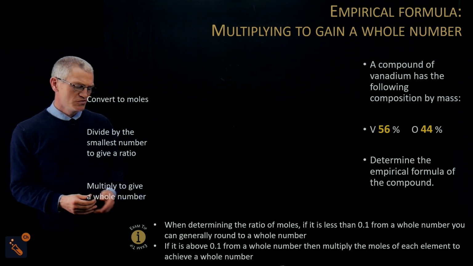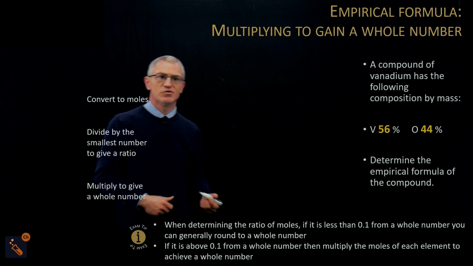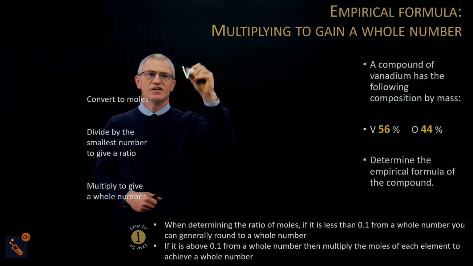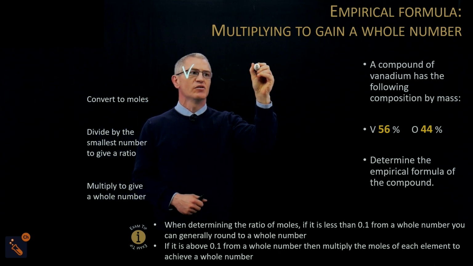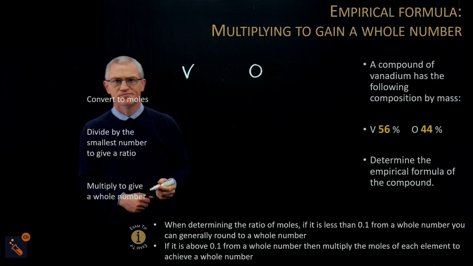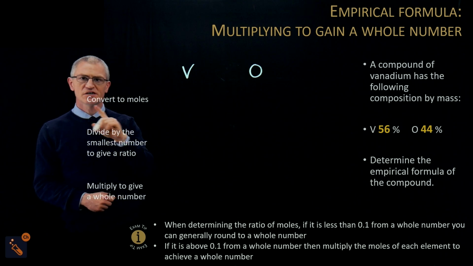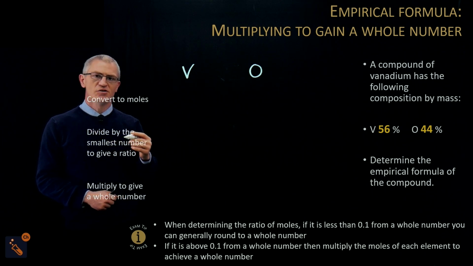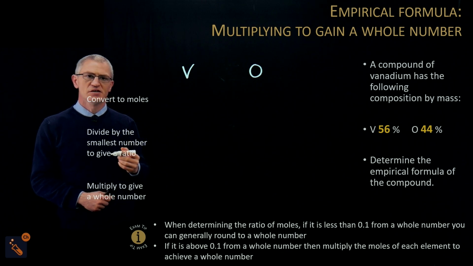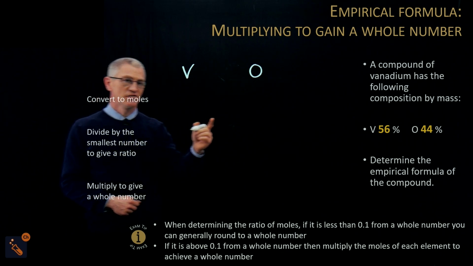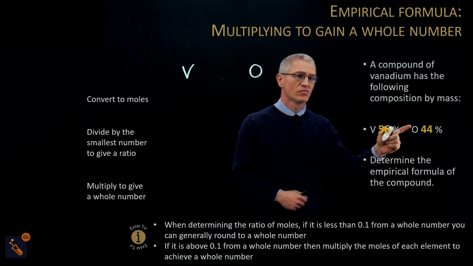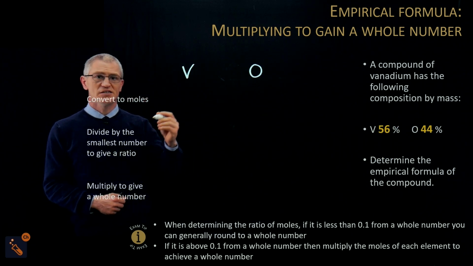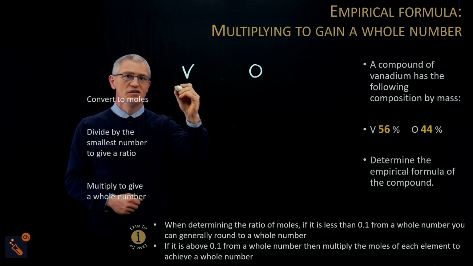What we do is exactly the same as we've done in the previous one, but this time we've got vanadium and we've got oxygen. So if we put vanadium here and oxygen here, we then convert to moles. If you remember, we convert to moles by mass over atomic mass. The masses we've got here, in our orange, are 56 and 44, and we convert those directly to grams because it's a percentage by mass.